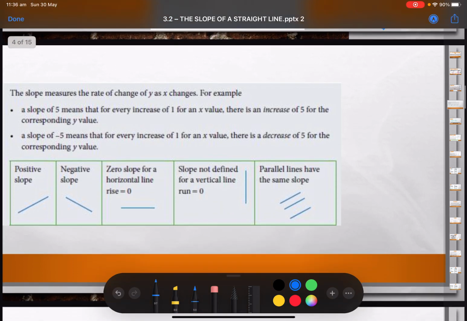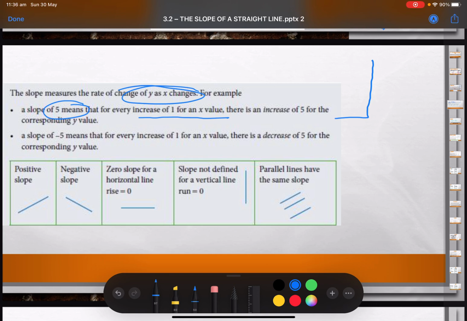In terms of looking at gradients or slopes, it's measuring the rate of change of y as x changes. So as x increases by 1, what's happening to my y value? A gradient of 5 means that for every x value that I increase by 1, y increases by 5.